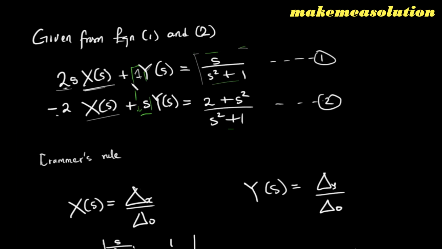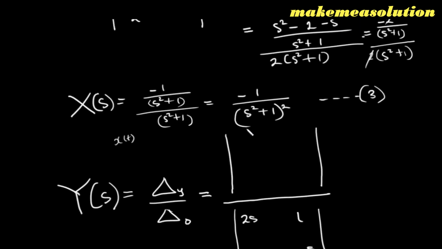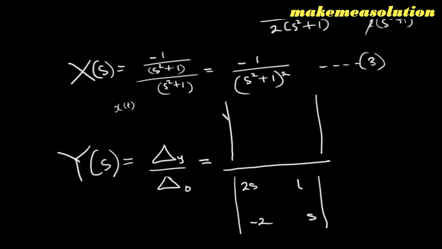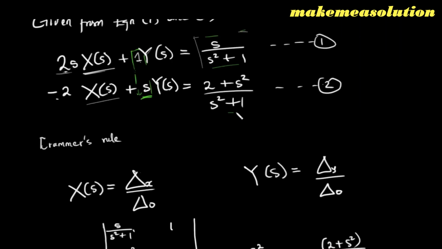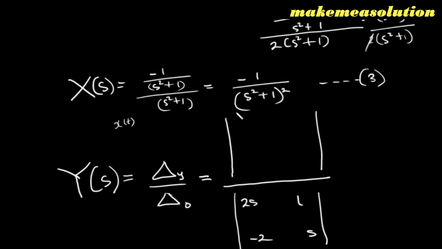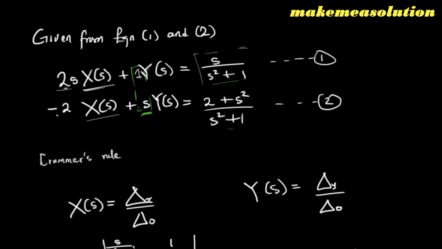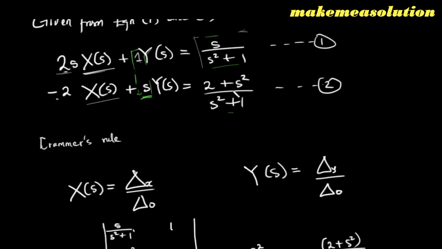In equation 1 you replace 1 with this, and in equation 2 you replace s with this. So to get my delta y, it's going to be like this. For x, what are the coefficients? I have 2s and negative 2. So you will have 2s and negative 2. Then for y, instead of 1 and s, I'm going to have s over s squared plus 1.